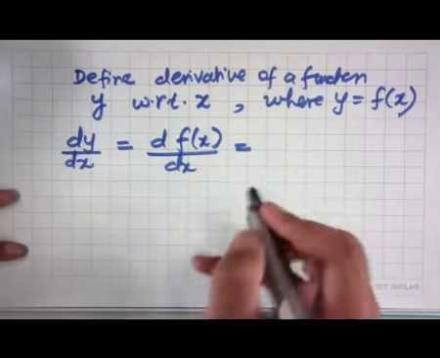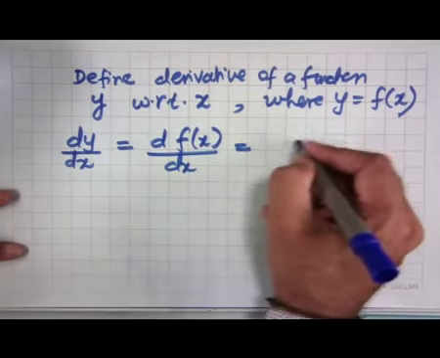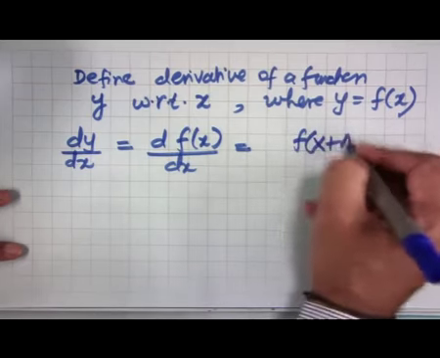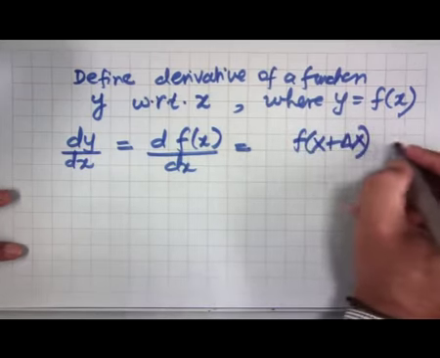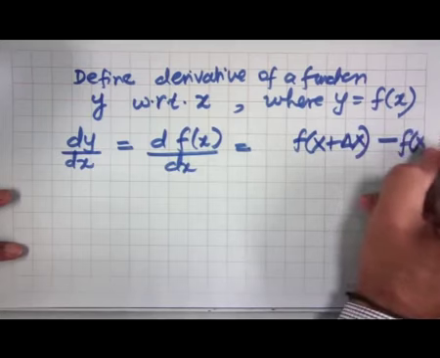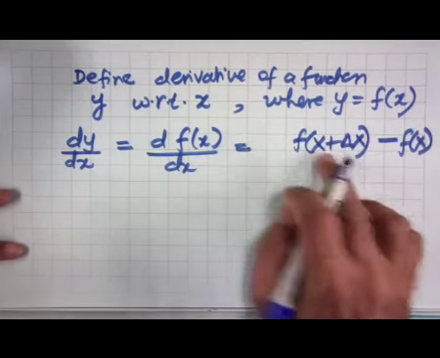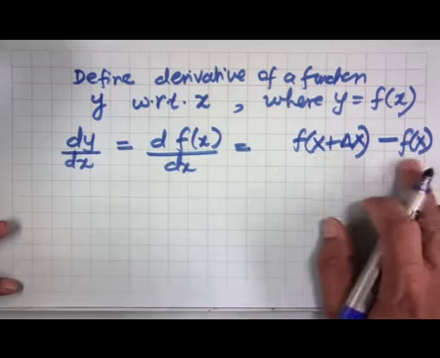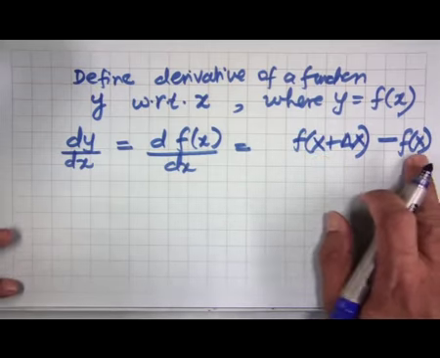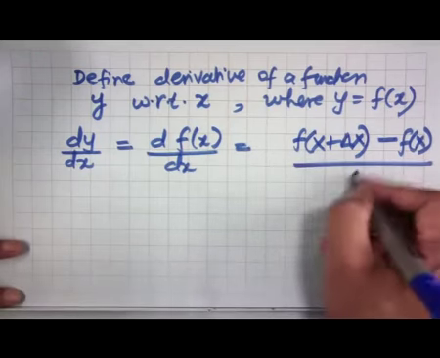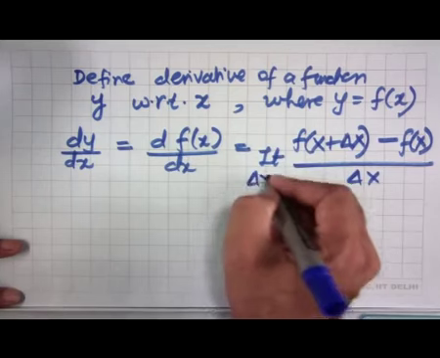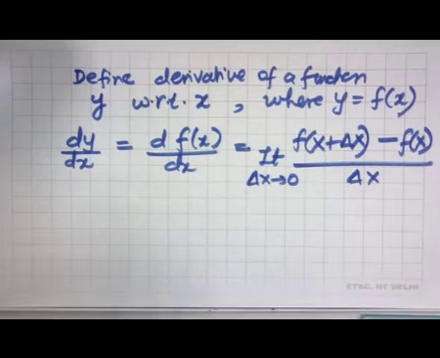This will be equal to the function of x plus delta x minus its value at x. So, this is the value of y at x plus delta x, which is delta y, minus f of x, which is y, divided by delta x, and we take the process of limit as delta x tends to 0.